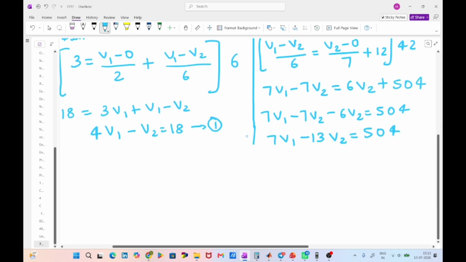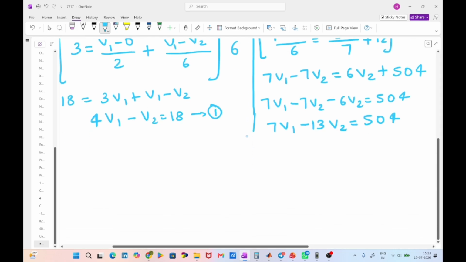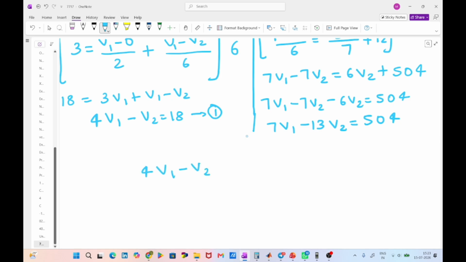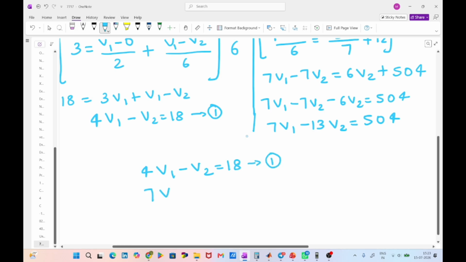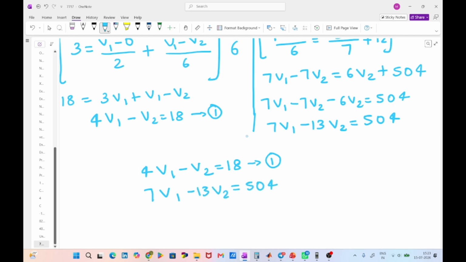Let us write these two equations here: 4V1 minus V2 is equal to 18, that is equation 1, and 7V1 minus 13V2 is equal to 504, that is equation 2.